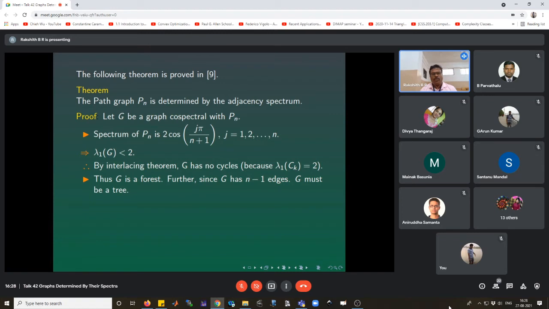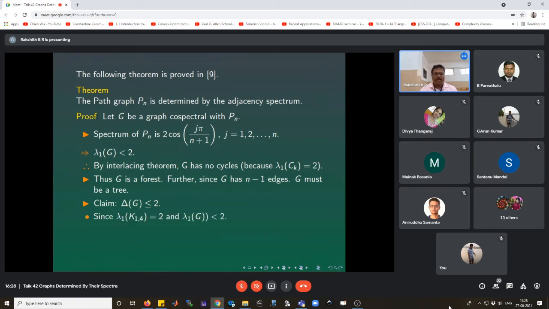So now I need to show that this tree has maximum degree 2. That's my claim, that the maximum degree of the graph G is less than or equal to 2.